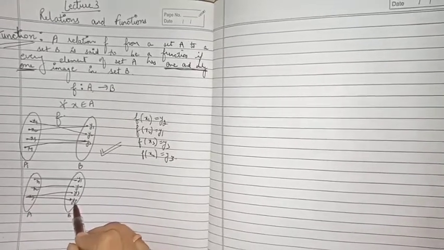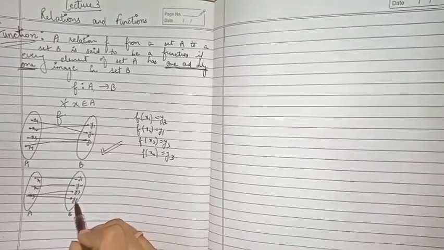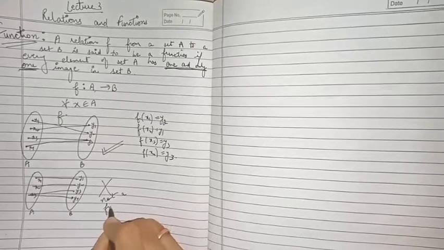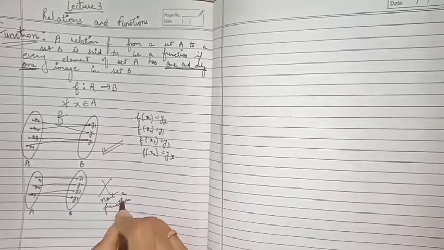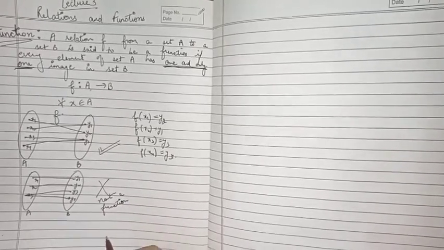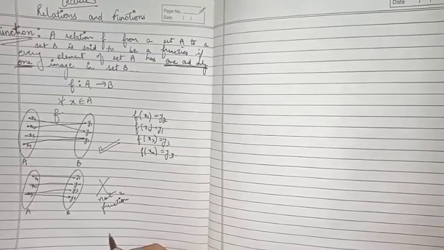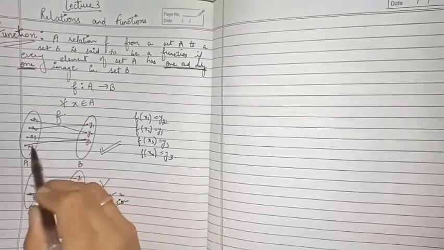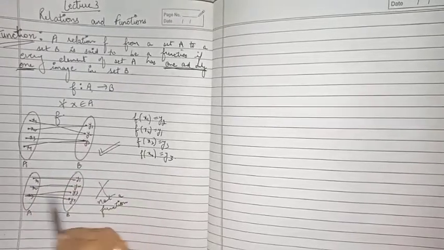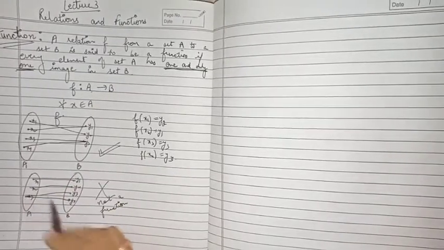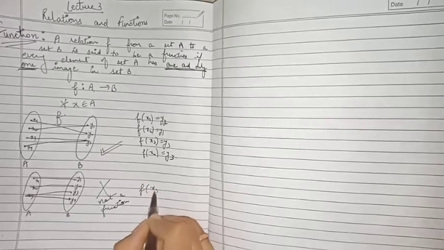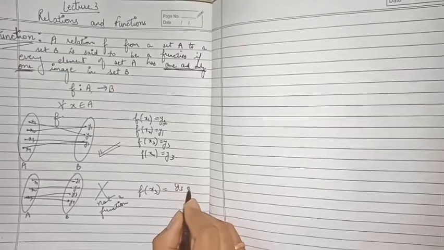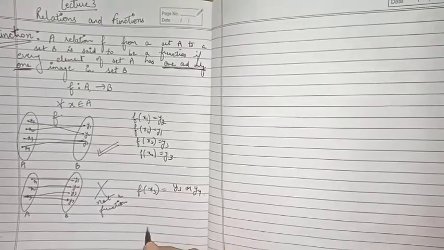If this type of situation happens, this is not a function, because in functions the image is always unique. This can never happen. It would mean that when we put x3 in f, sometimes we get y3 and sometimes y4, which is not possible.